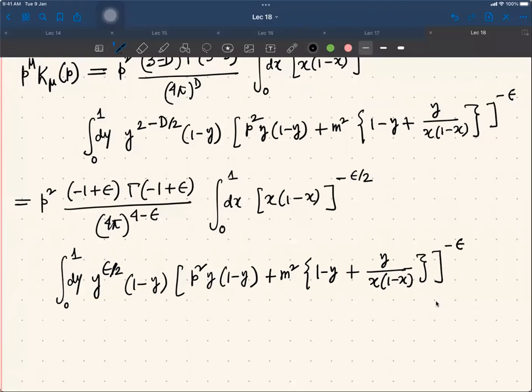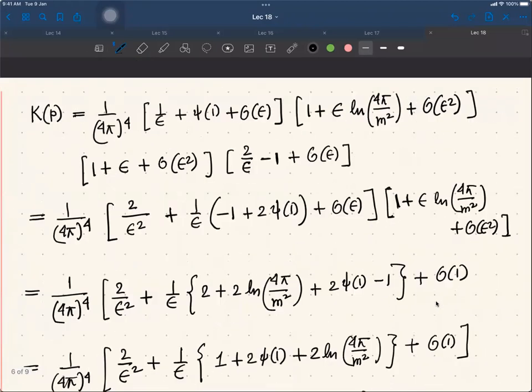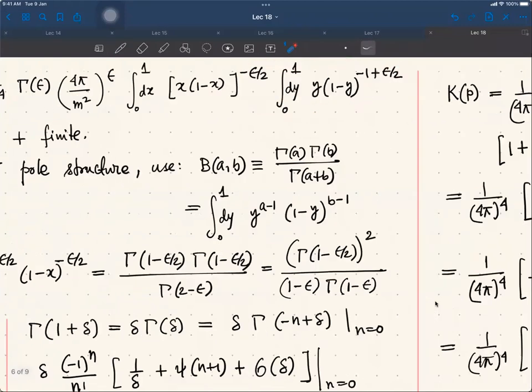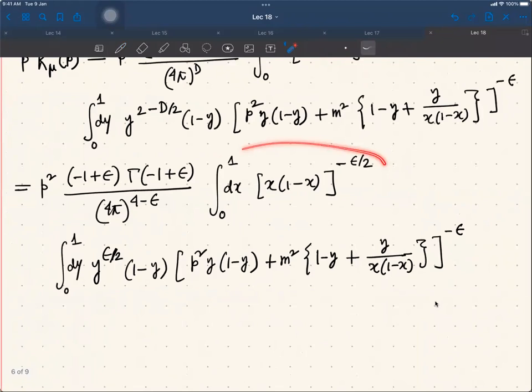Now, in this case, earlier we had the same x integral, which did not have any divergence. So this also doesn't have any divergence, and in the limit y equal to 0 this is finite, and in the limit y going to 1 this is also absolutely finite. There is no divergence from y equals 0 nor from y going to 1. In both the cases, the function goes to 0.